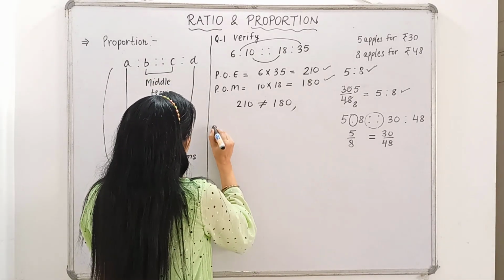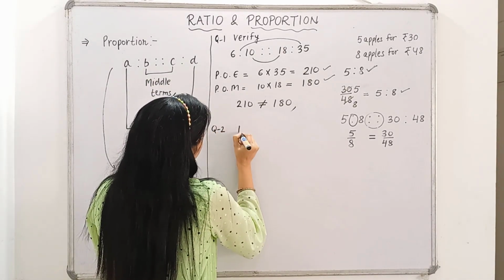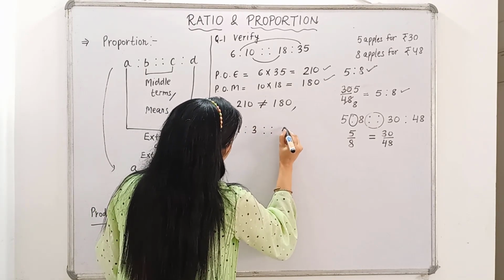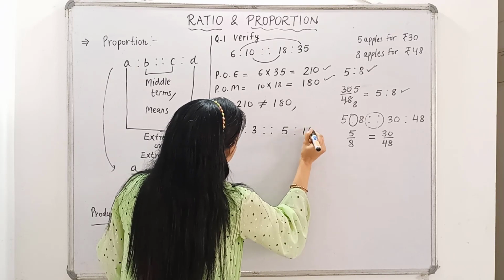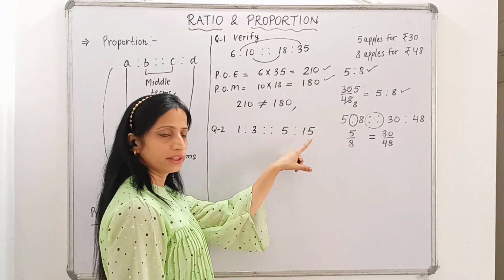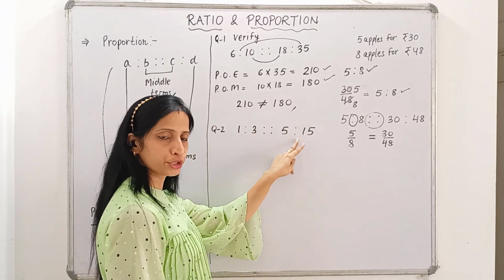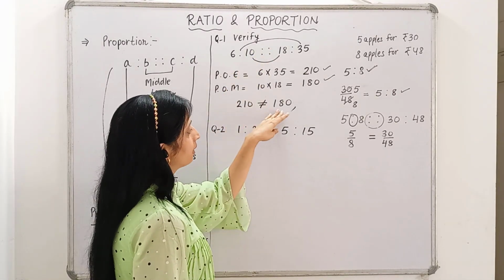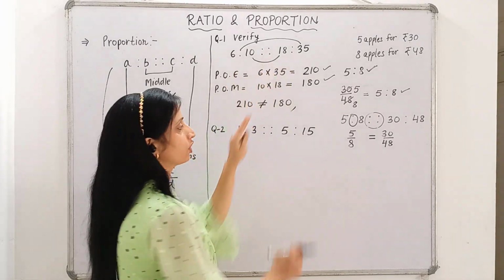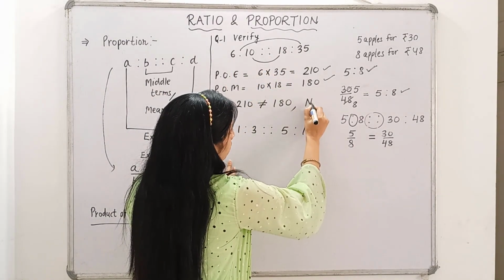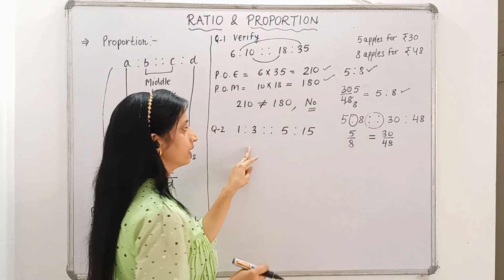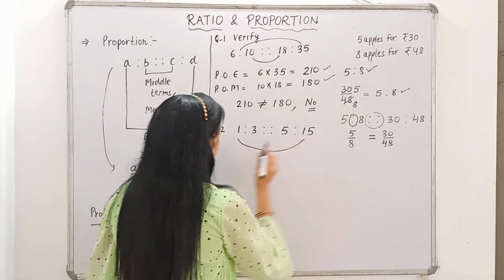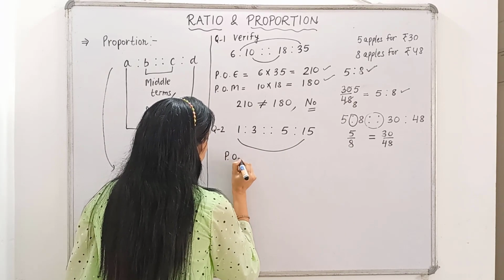Okay. Now let's take another example. I am taking a very simple example. 1:3 is equal to 5:15. Again we have to verify whether these two ratios are in proportion or not. Like in the first question we did, we verified that these two ratios are not in proportion, so we wrote no there. Now in this again, first we will find out the product of extremes.